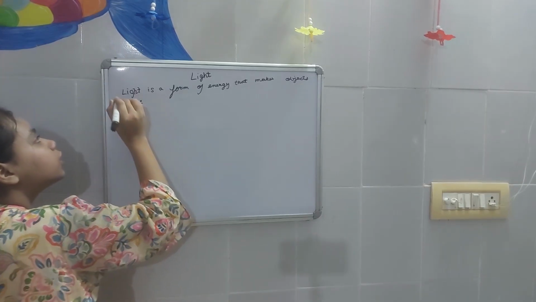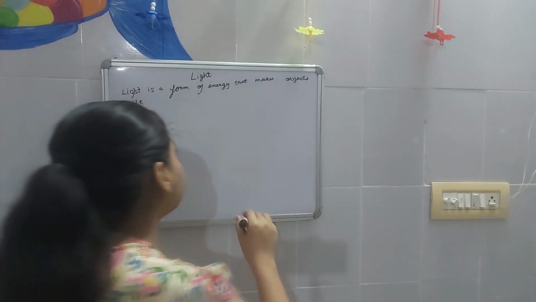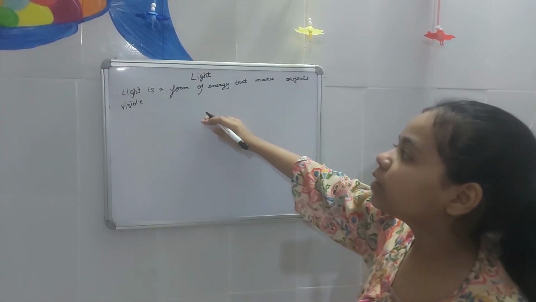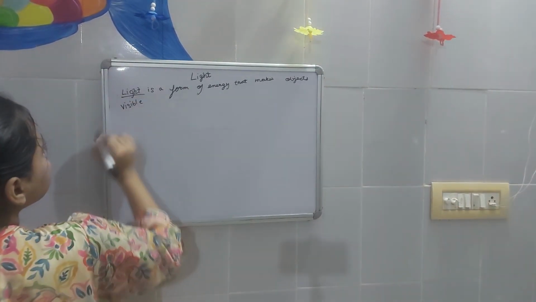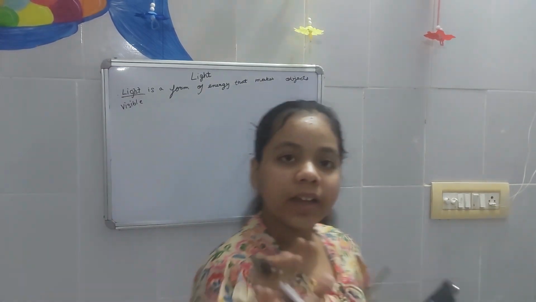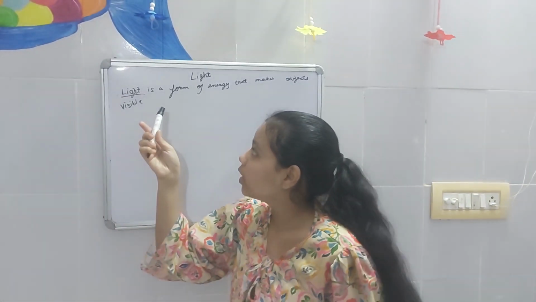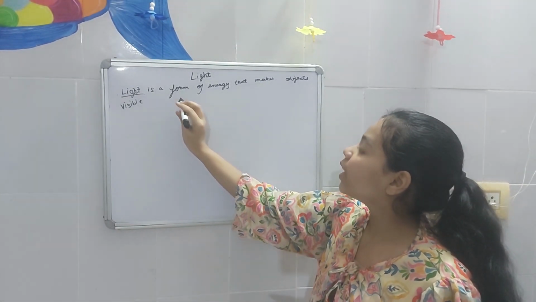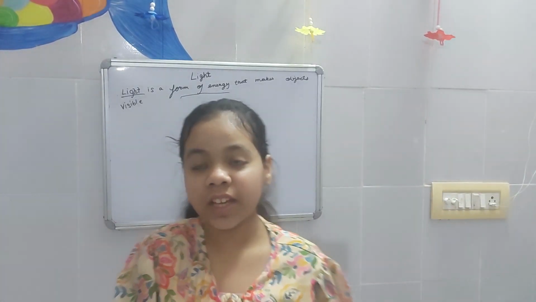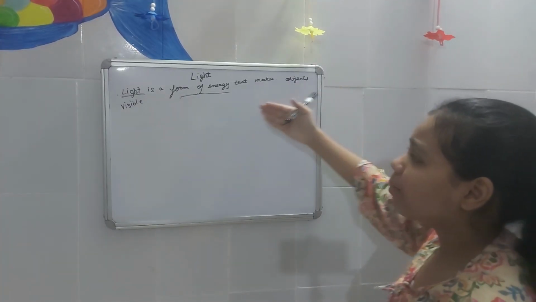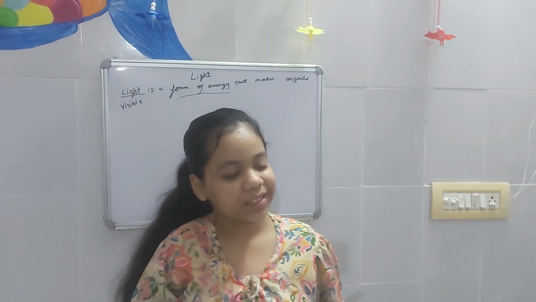Visible to us. So this is one point, or you can say that this is the definition of light. So what is light? Light is a form of energy that makes objects visible to us, right?